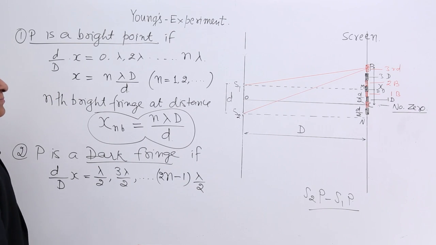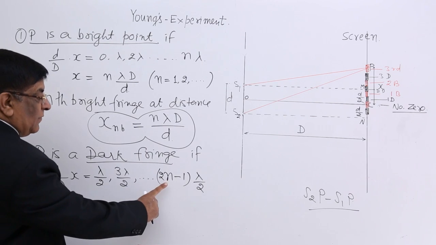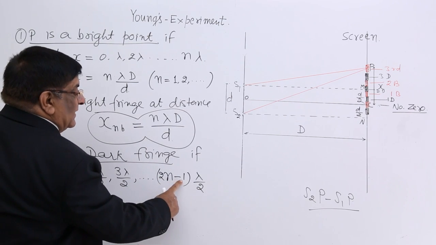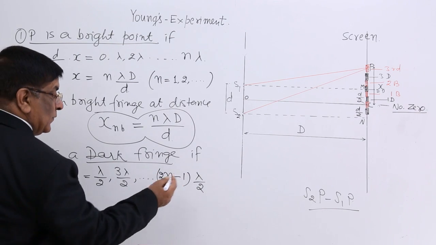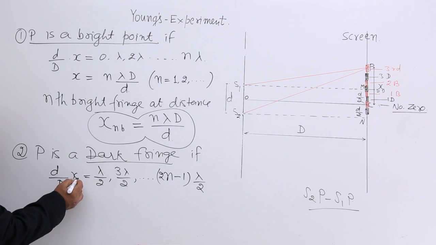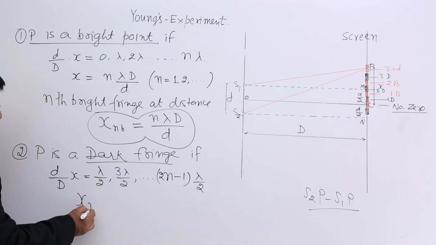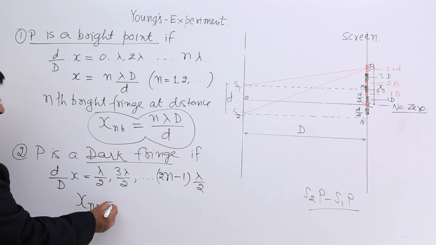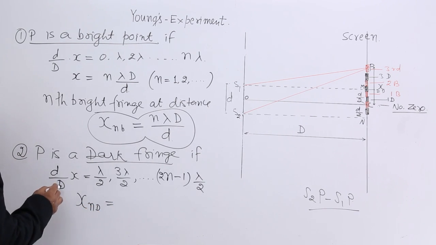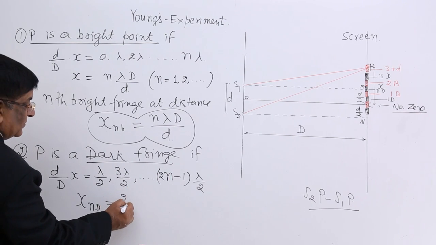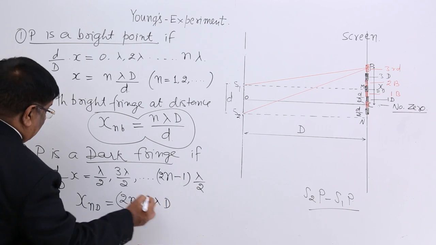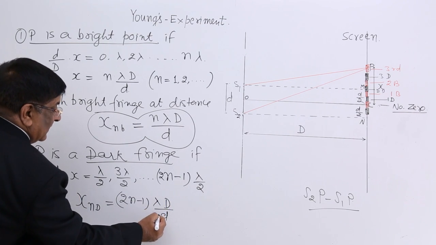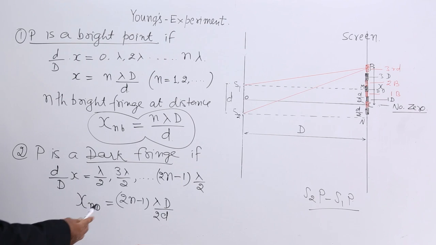So for the first one, it should come lambda by 2. Put here 1. If we put 1, this is 2 minus 1, 1 lambda by 2, that is the first fringe. So x for the nth dark fringe is equal to, transferring this 2 to that side, (2n minus 1) lambda D by 2d.